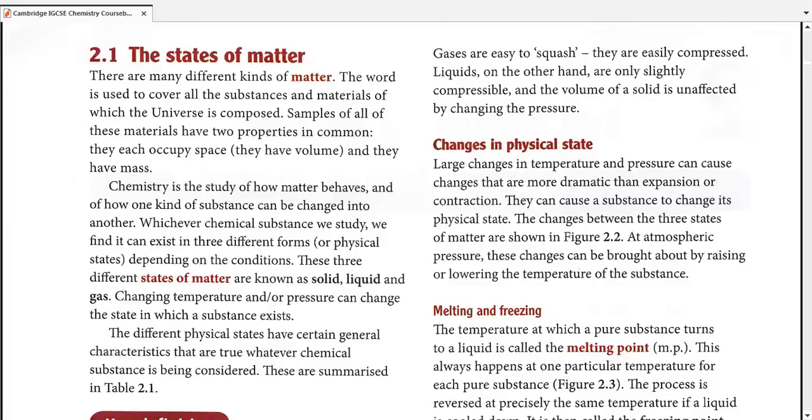So another student, this time Zoya. Zoya, is preparation of ice cream a change in physical state? Sir, can you repeat the question? Is preparation of ice cream a change in physical state? Sir, yes, because it... Yes, very good. Very good work, Zoya.